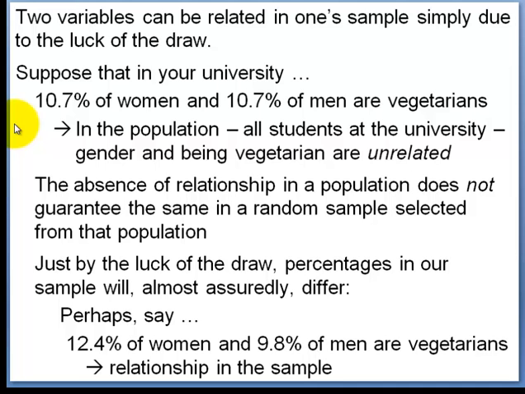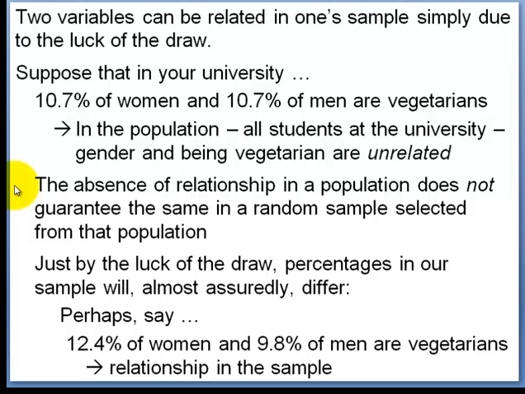Therefore, in the population, which is to say, among all students at the university, gender and vegetarianism are unrelated. Now, the absence of association in a population does not guarantee the same in a random sample selected from that population.